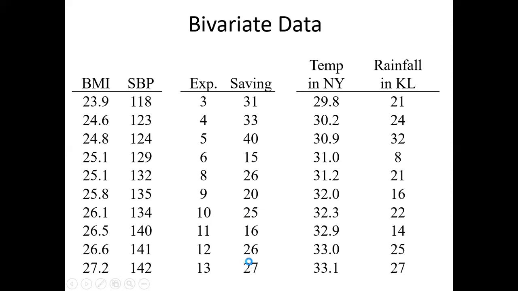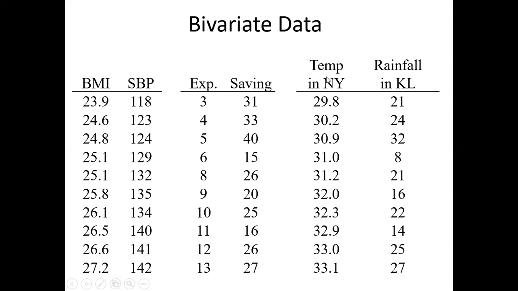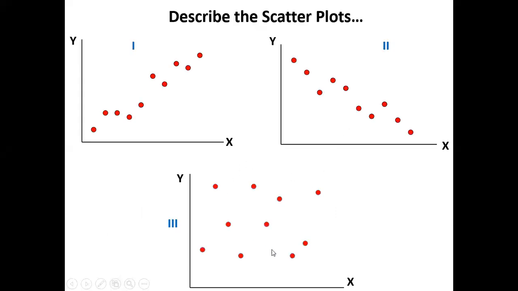Yes, possible. Then it'll be like this. Temperature in New York, rainfall in KL, are they connected? Maybe not. Then the figure may look like this. So visualize first. Look at the pattern first.